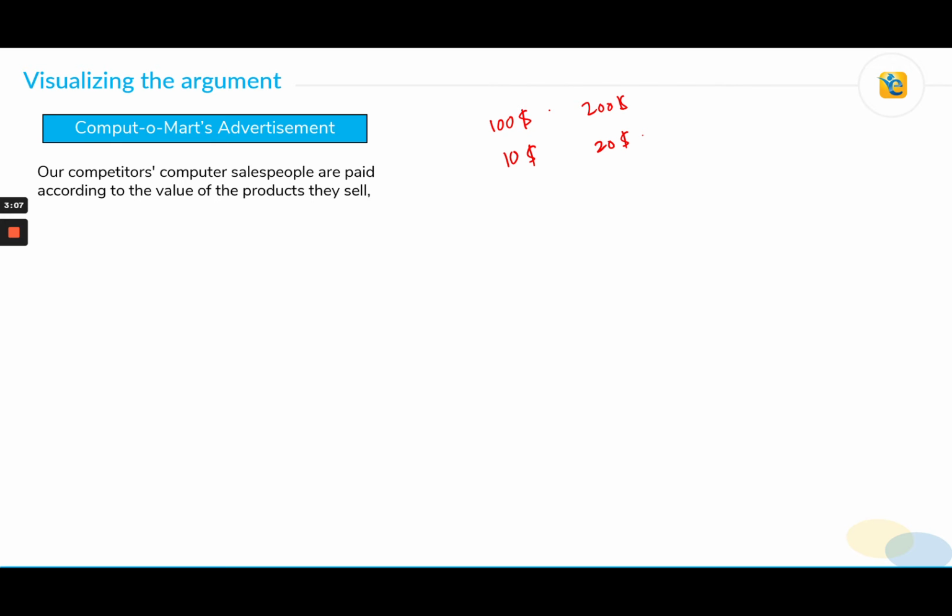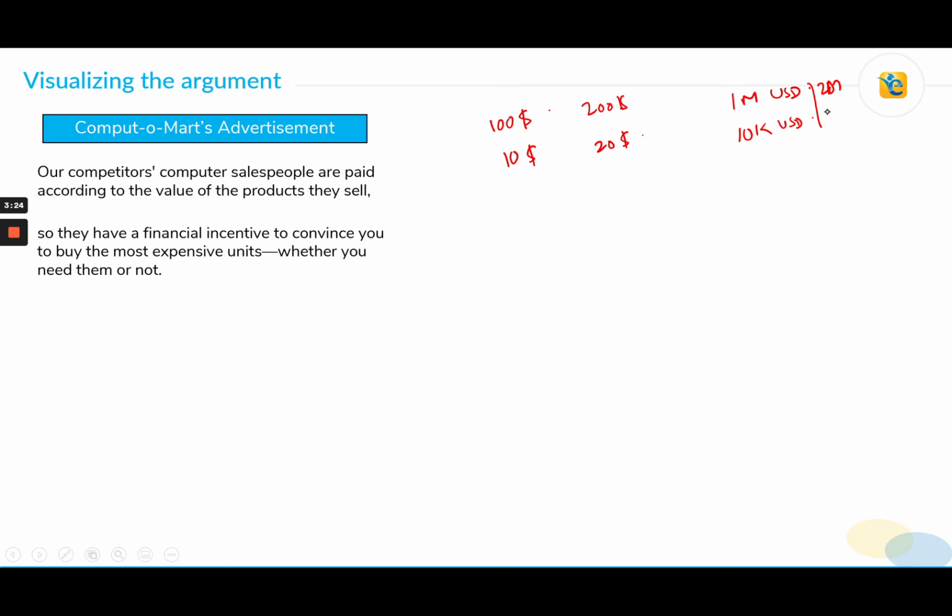If you aggregate this overall in a month, if I sell, let's say, 1 million USD worth of computers, then I may be getting a commission of 10k USD. Instead, if I sell 2 million USD worth of computers, then I may end up getting 20k USD as commission. So fundamentally, what I get paid is pretty much dependent on the value of the items that I sell.